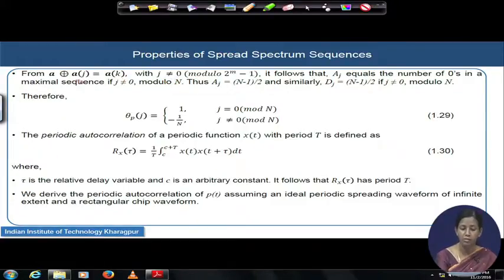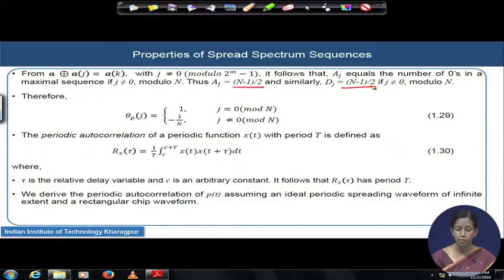If it is an ML sequence, definitely it will be like this, where A, Aj, Ak will all be ML sequences, and if j is not equal to 0 modulo 2 to the power m minus 1, then Aj will always be equal to the number of zeros in the maximal sequence, if j is not equal to 0 modulo capital N, and thus we will end up with a value of (N minus 1) by 2. Similarly, it will also be (N minus 1) by 2 if j is not equal to 0.